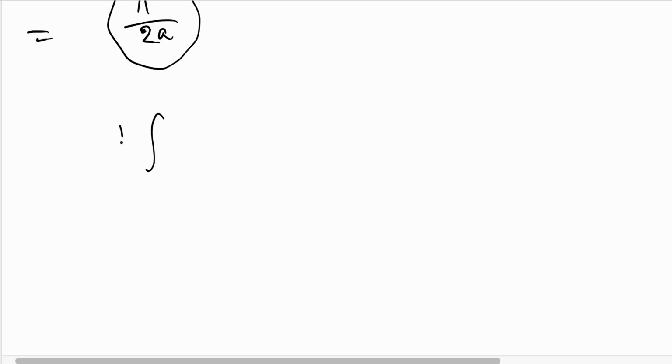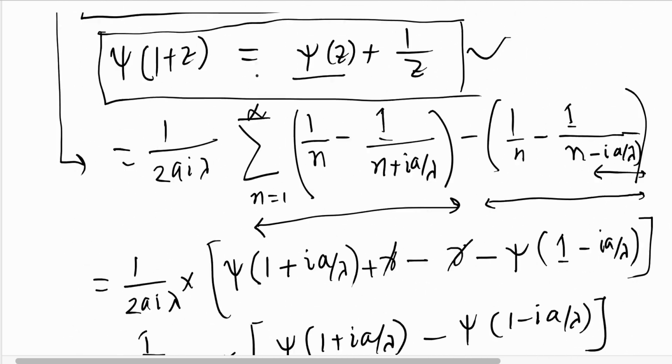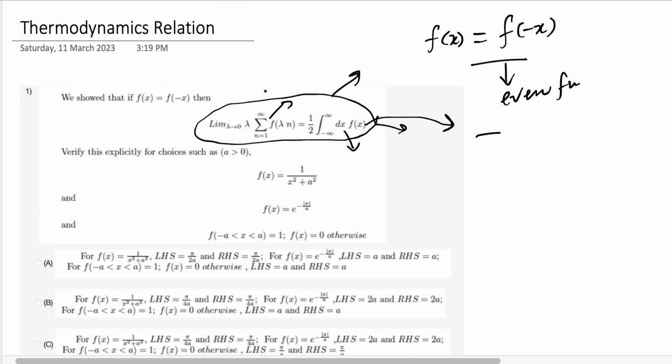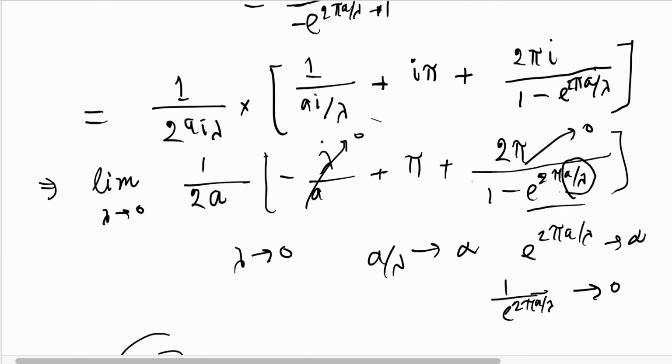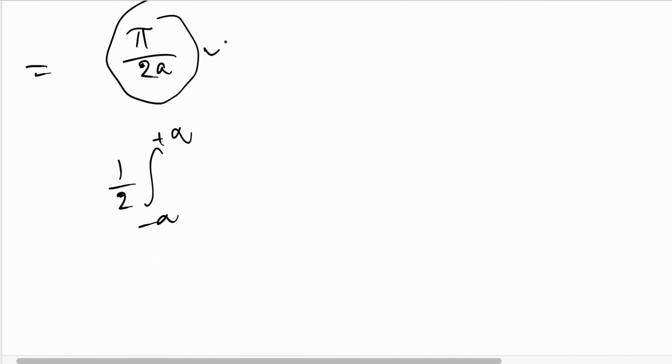So that means we can also do this to calculate the limiting value of this series when lambda goes to 0, as we convert it into an integration, and then if we do the integration we should get the result that we had written there, this pi by 2a. So what is the value of f of x?